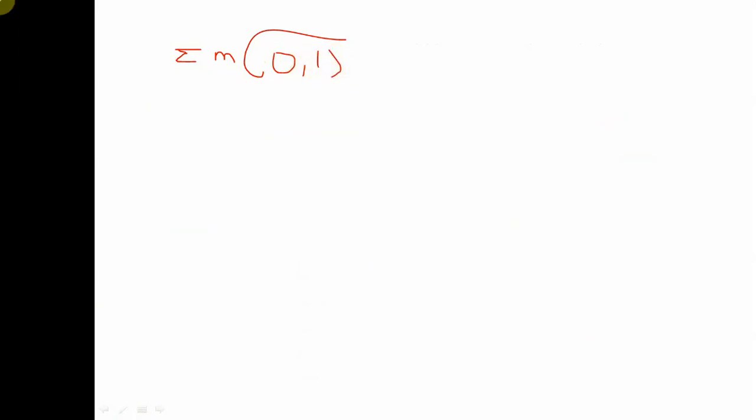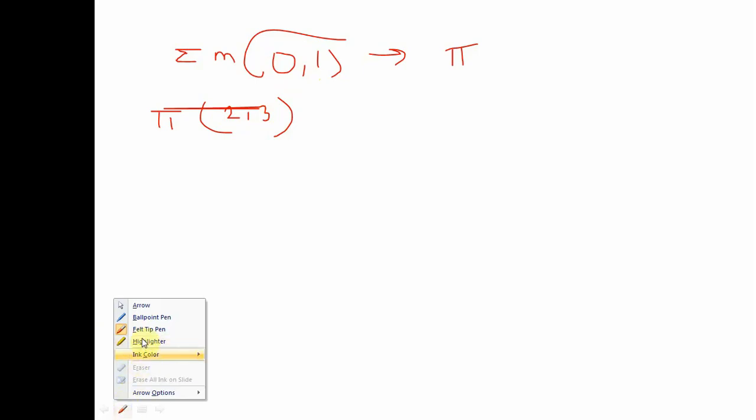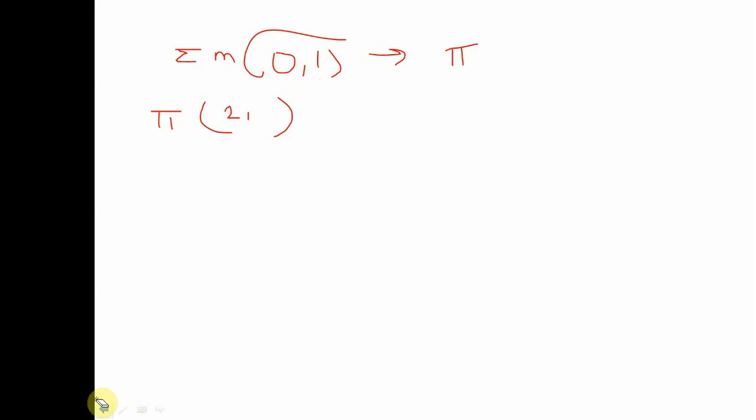This is the example. In this example, we convert into POS form. So the first term is the pi term, and after the pi term, the remaining variables are 2, 3. So here I am writing as pi.